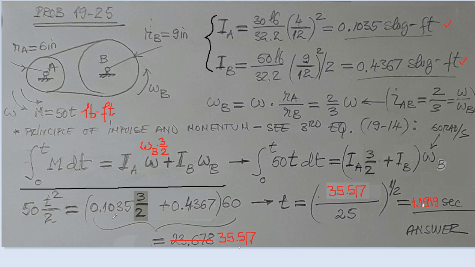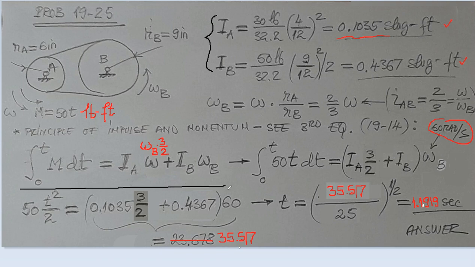What's to the right is the mass moment of inertia of the flywheel times 3/2, the inverse transmission ratio, plus the mass moment of inertia of the disk, all times 60 because this is the omega b that we want.